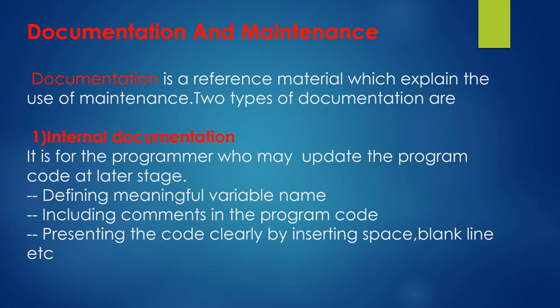If you write line by line, first line A is equal to 10, second line B is equal to 20, third line C is equal to 30, fourth line D is equal to 40, others can easily understand your program. So internal documentation is done by defining meaningful variable names, including comments in the program code, and presenting the code clearly by inserting space, blank lines, etc.